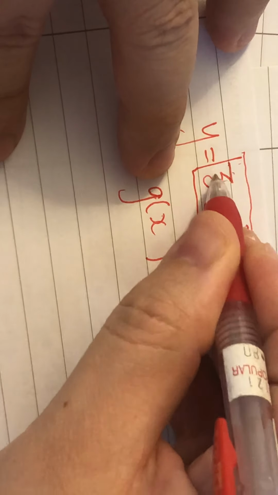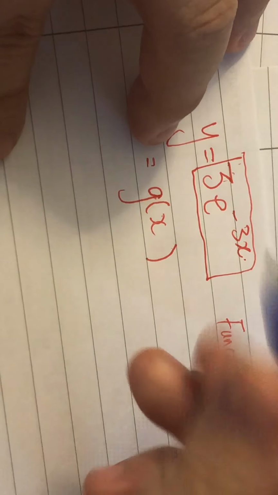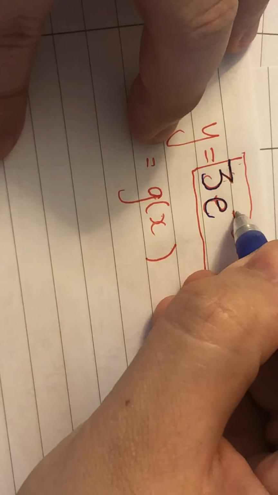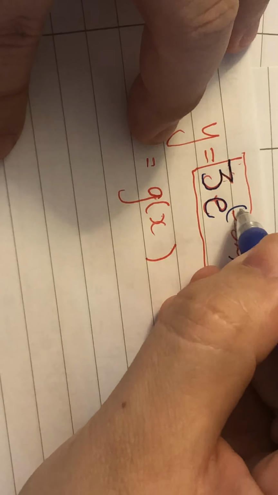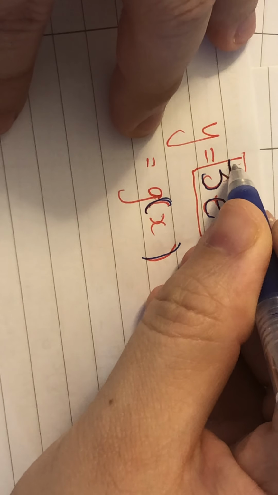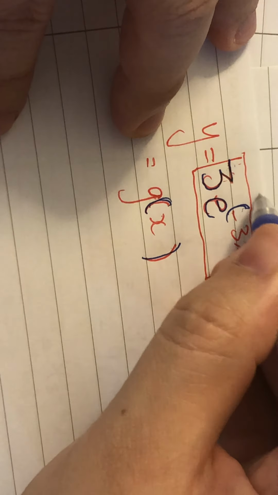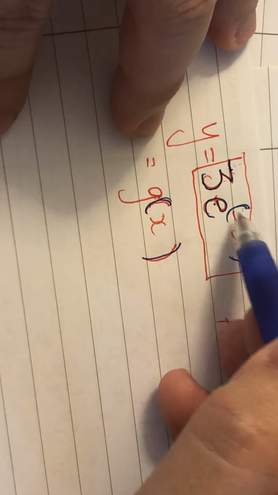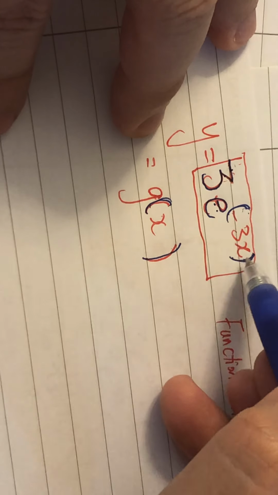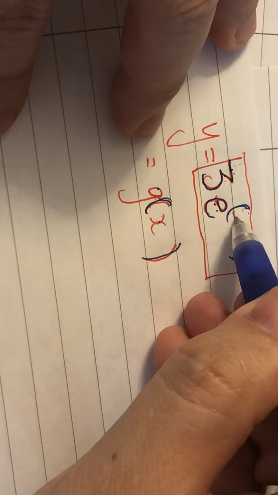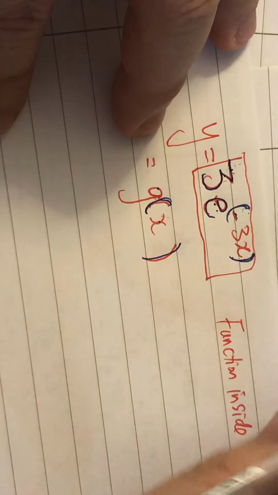This 3 to the power of e to something is actually the outer shell, or the outer function. That means 3 times e to the power of something. This is my g(x). But inside this bracket here, there's another function.